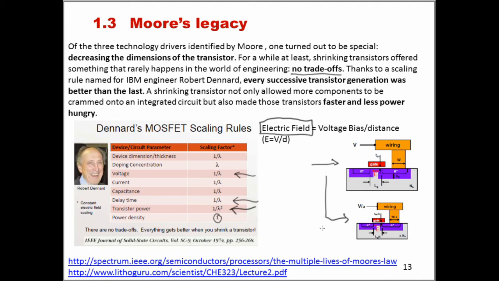Since the electric field is given by the voltage applied across 2 points and the distance between these 2 points, by shrinking the distance we need to reduce the voltage as well to keep the electric field the same. And so that's why all these scaling rules go the way they go. So the voltage decreases and so on and so forth.